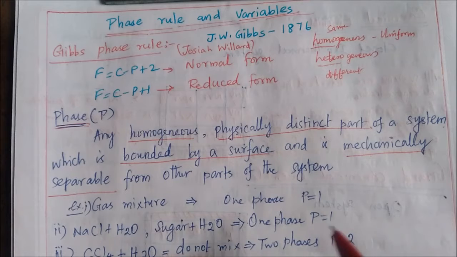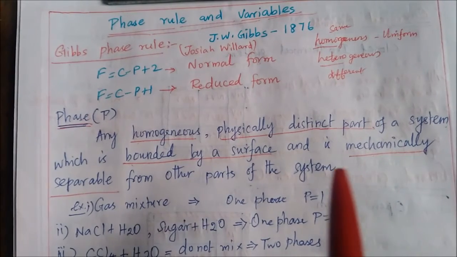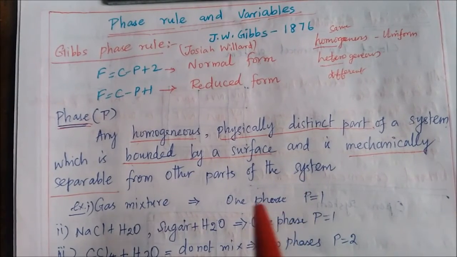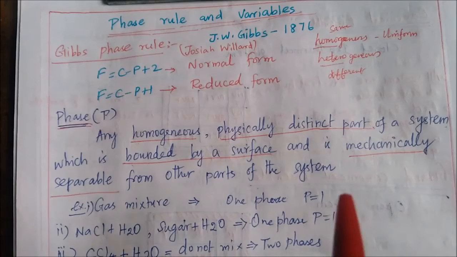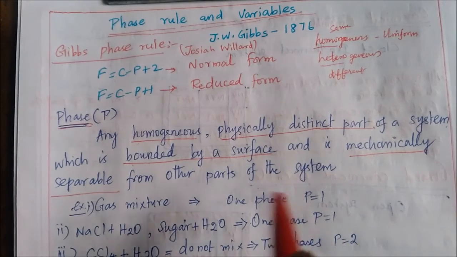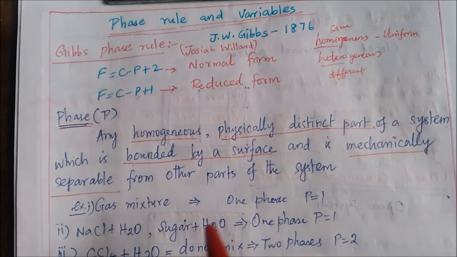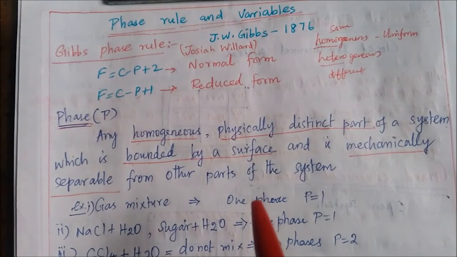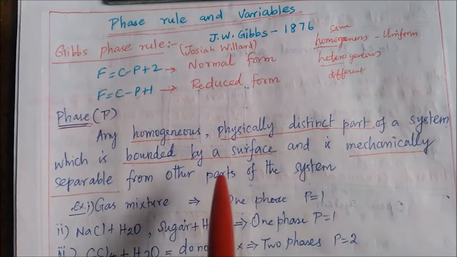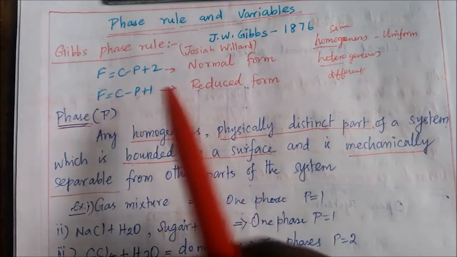other parts. And it was first explained by this scientist Josiah Willard Gibbs, and he gave two kinds of phase rules to explain their complete internal equilibrium within the systems. So what is that?